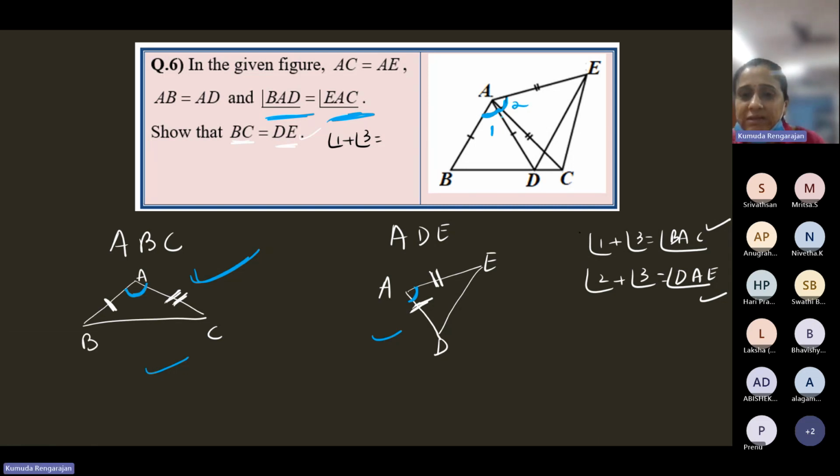Now in the middle, there's an angle we call 3. 1 and 3 together is this angle BAC. And 2 and 3 together is the angle DAE. So as Hari Pranav said, by the SAS rule, the two triangles are congruent to each other. So by CPCT, you will get the result BC is equal to DE.